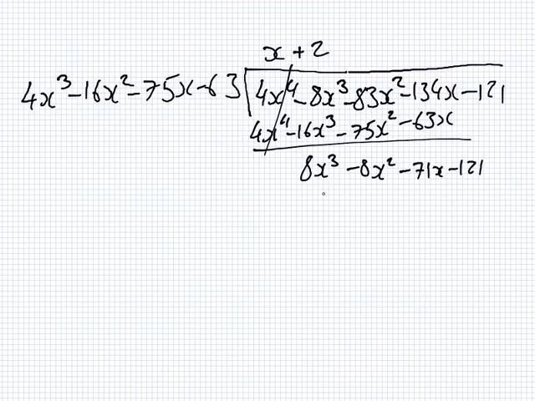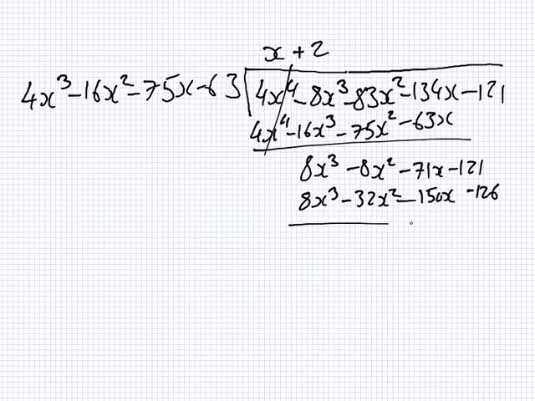2. 8x cubed minus 32x squared minus 150x minus 126. Is that okay? 24x squared, isn't it?